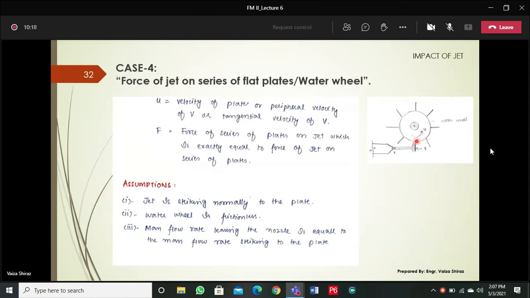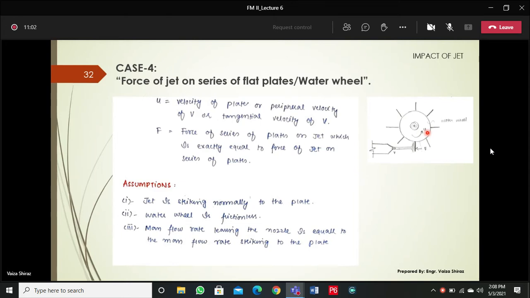ठीक है, हम use करेंगे. आपकी जो outer periphery है wheel की, उस पे कितनी velocity है, that is u. And this u is linked in a way that the velocity of this wheel will depend upon the velocity of the jet. ठीक है, क्योंकि यही jet की velocity और force है जो कि आपके इस wheel को rotate कर रही है. तो जितना ज्यादा proportion जो है इस v का इस u में convert हो रहा है, उतना ही आपका system efficient है. Okay, and accordingly if less percentage of the v is converted into u, accordingly the efficiency of your system or machine is also less.